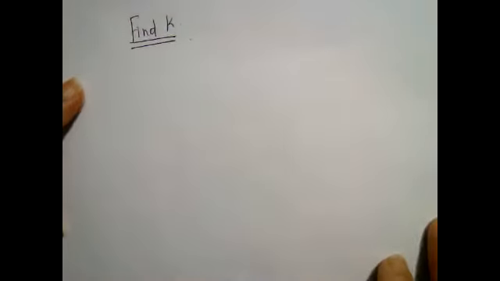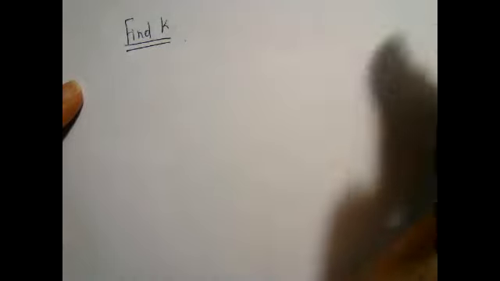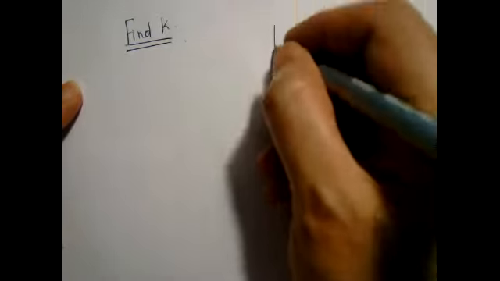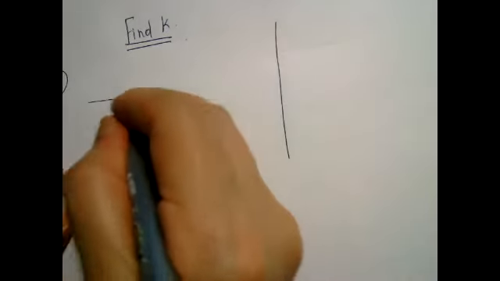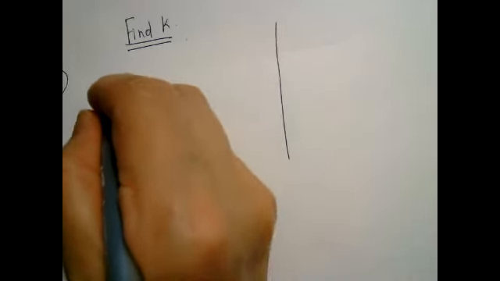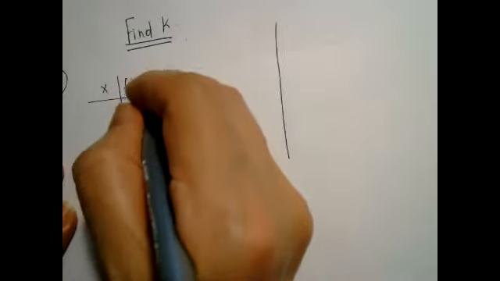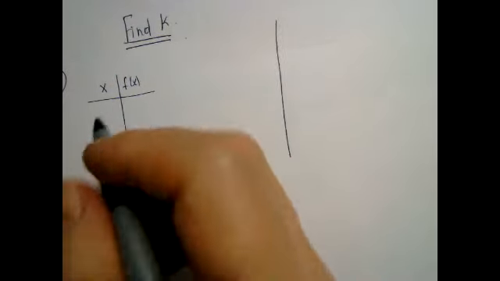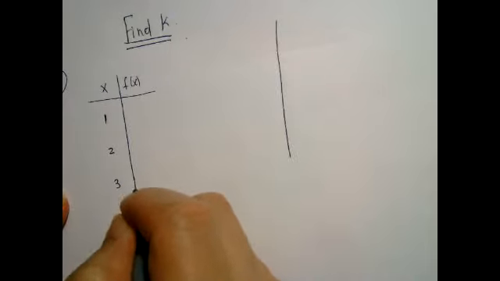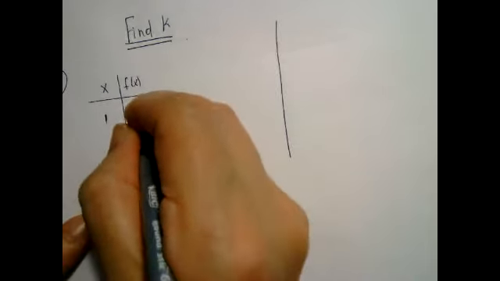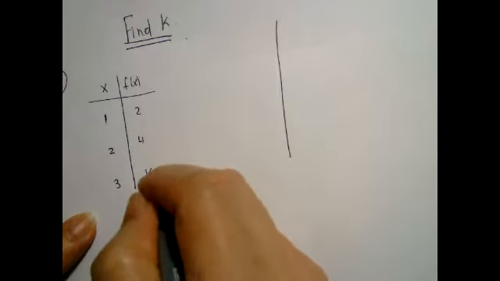So my problem is the following. Find k. Suppose I have a function f of x. x is 1, 2, 3, and f of x is 2, 4, k.